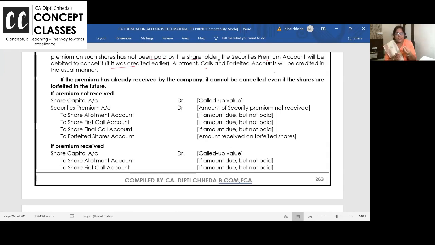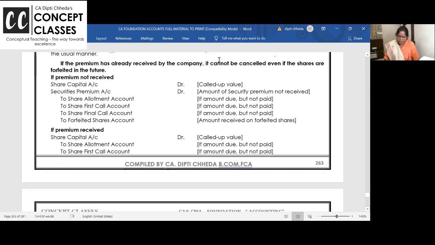You can debit and use it for a limited purpose, which I already told you yesterday, to write off preliminary expenses. Otherwise, you cannot debit securities premium if it is received. If it is not received, reverse it. Look: if premium is not received, share capital debit, securities premium debit, to allotment, first call, which is due but not received, and forfeited amount, whatever is received.